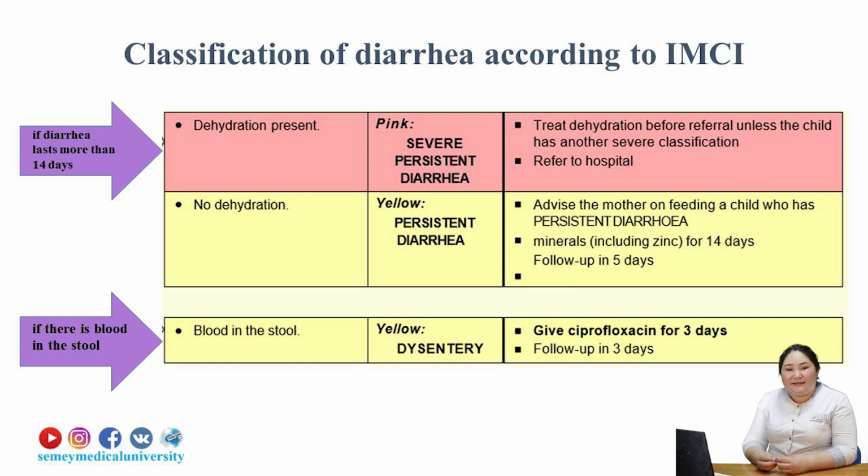And if the patient has blood in the stool, you must classify it as dysentery, and the patient should be treated with ciprofloxacin. This is only by the IMCI program, but the presence of blood in the stool does not always mean dysentery. You must consult a surgeon or look for other problems.